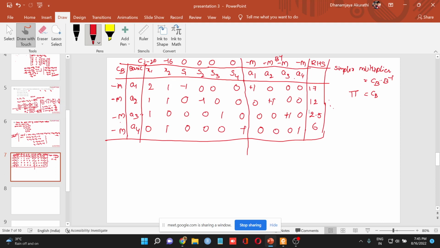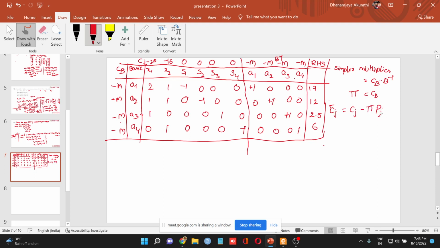Now to identify the deviation rows. In the general case, we identify the deviation rows, that is Zj minus Cj or Cj minus Zj. So here we identify the deviation rows as Cj bar, that is equal to Cj minus the simplex multipliers pi into Pj.